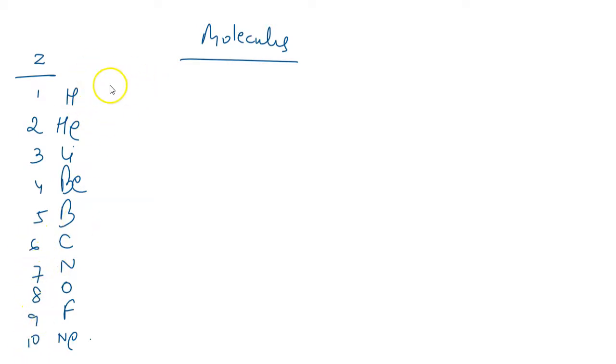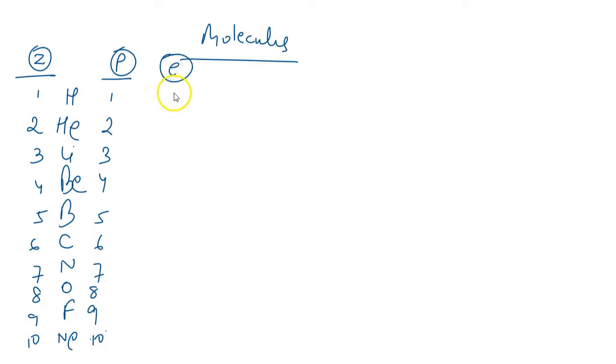Now what does this indicate? The number of protons present are 1, 2, 3, 4 like this, because the atomic number is equal to the number of protons, whereas we are talking about the electrically neutral atom. So the number of electrons in this case will also be the same.